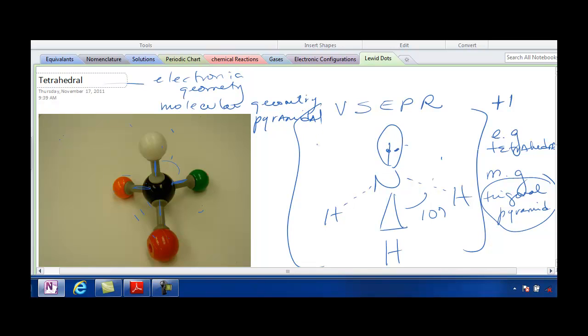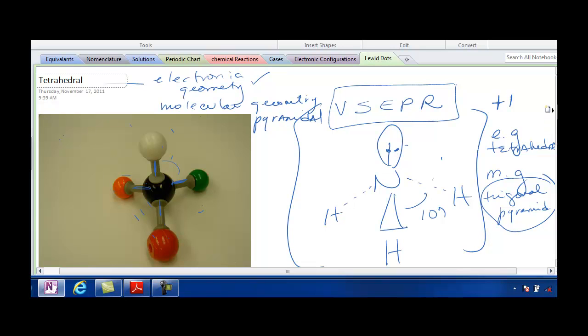Okay, so in this lecture, besides Lewis dots, we're adding another layer, which talks about the molecular shapes, which we have seen a little bit, but we haven't seen electronic geometry at all. So I gave you a handout, yes?